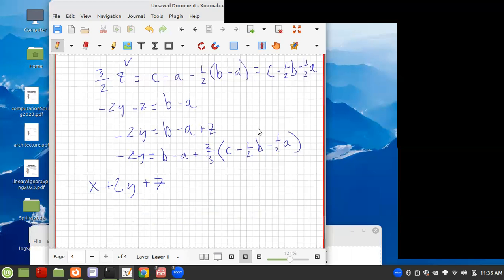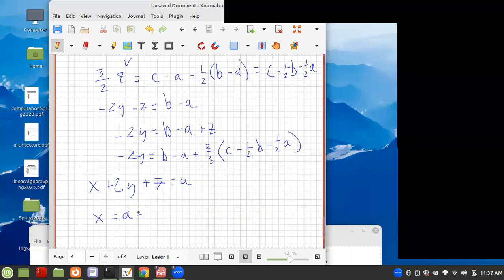up here equals a, and that's going to be a minus 2 times y, so a minus 2y.